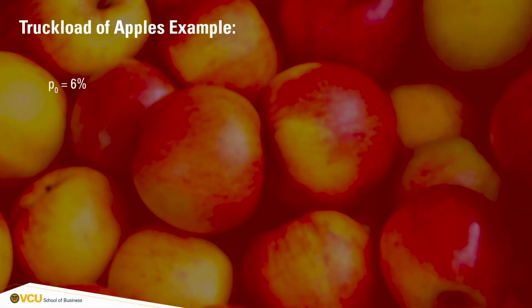A more sensible approach would be to assume the truckload to be suitable for purchase and only turn it back if the inspector gathers enough evidence that the truckload really contains enough bad apples not to meet the company's standards. As we saw in the previous lessons, the criteria set by the company is to reject a truckload of apples if it contains at least 6% of bad apples.